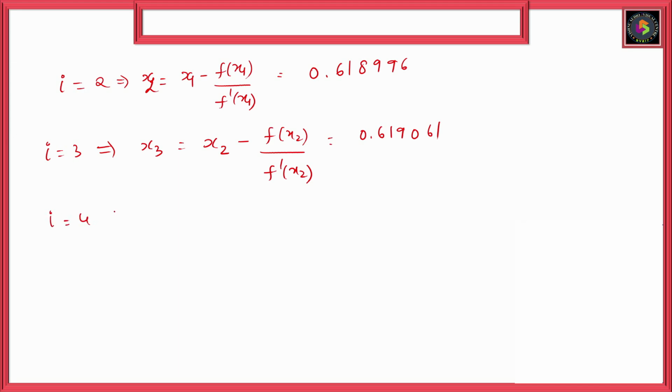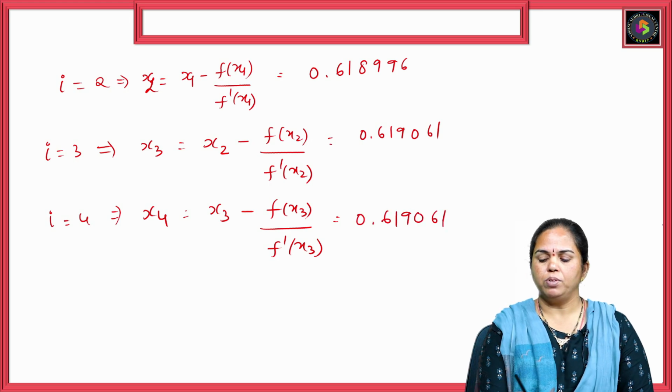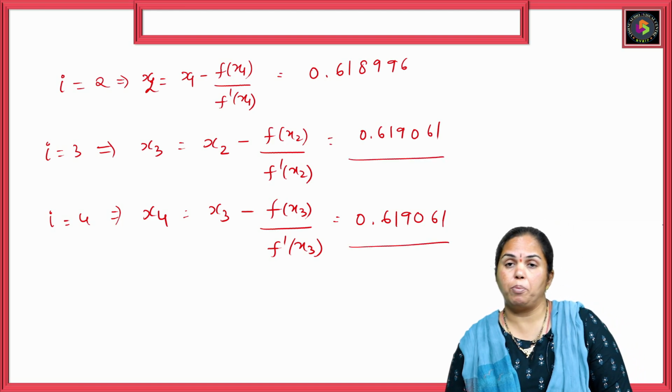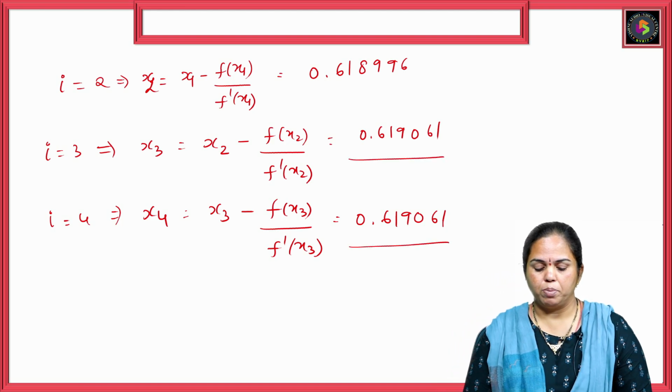In this Newton-Raphson method, after the decimal, consider at least up to 5 decimals. x4 = x3 - f(x3)/f'(x3) = 0.619061. If we observe, the third and fourth approximations are approximately equal up to 5 decimal places.